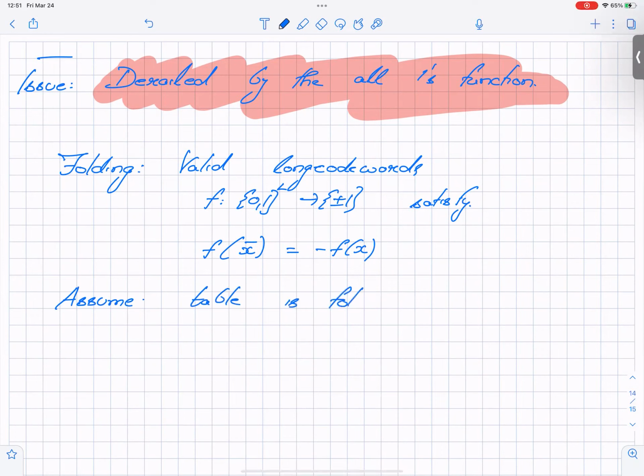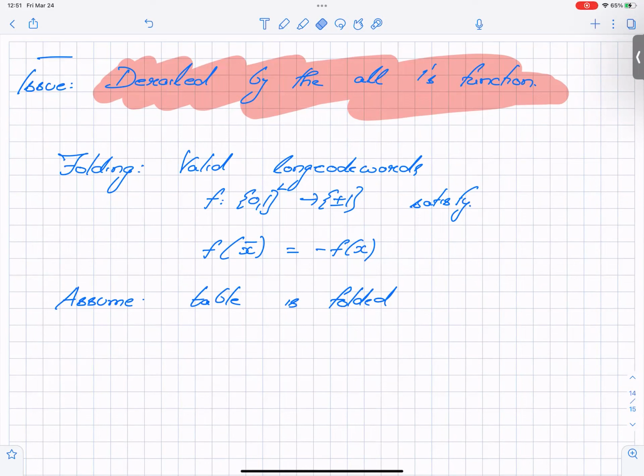There are two ways to assume it: either you actually assume it's folded, or you give only half of it and you make the other queries. That's typically how it is done. But for now, we just assume you are given the whole table and it is folded, and only half of the labels will be given to you, the other half will be inferred from this.